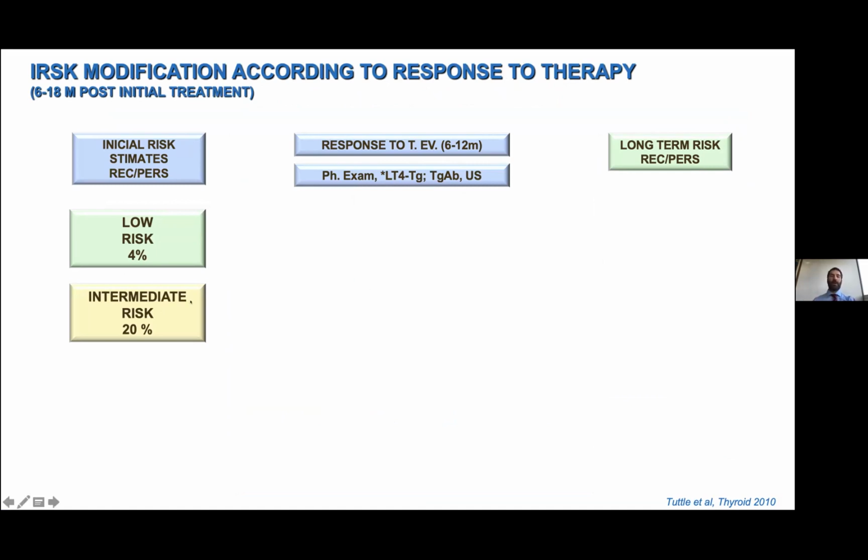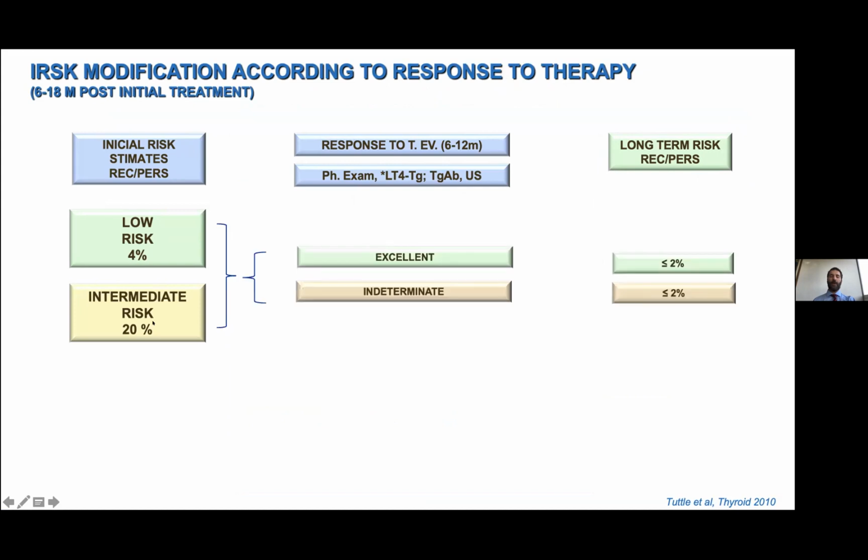Both low risk and intermediate risk patients at the initial time who had excellent or indeterminate response to therapy, that means negative ultrasound, thyroglobulin less than 1, or indeterminate findings on the ultrasound, have a long-term risk of recurrence that is less than 2%. And this is the large amount of patients that we used to see in our clinics, more than 70%. So it is very important to know this number.